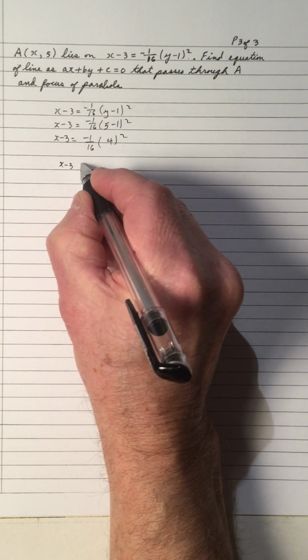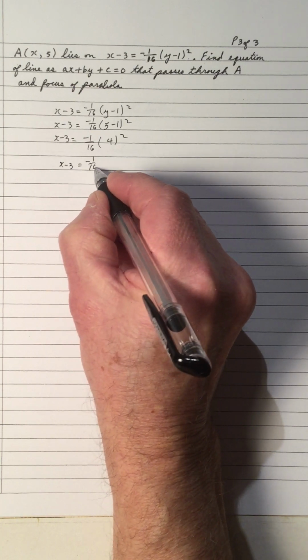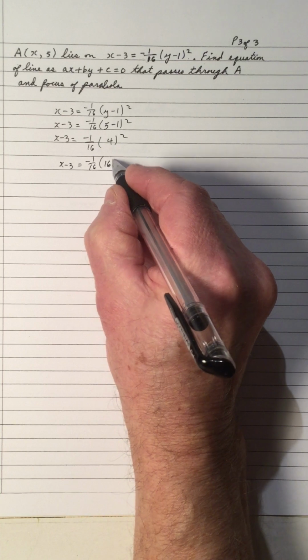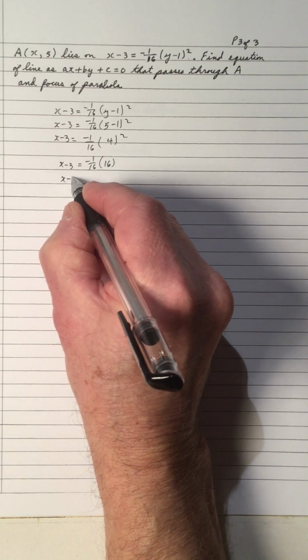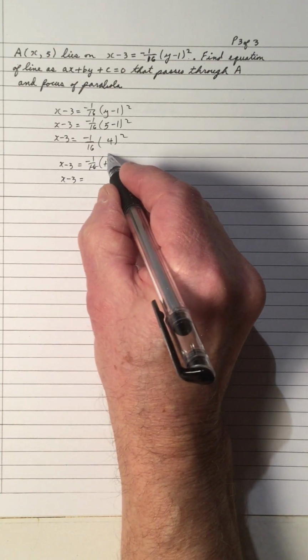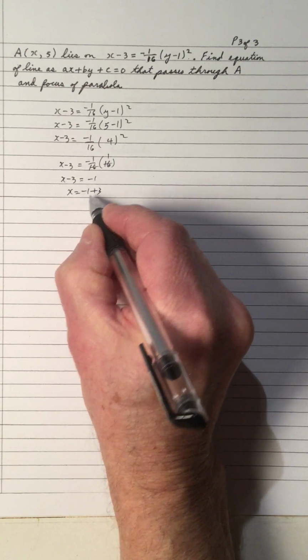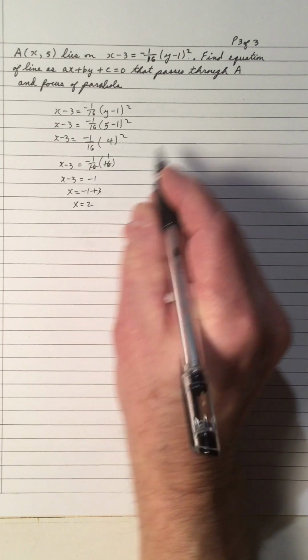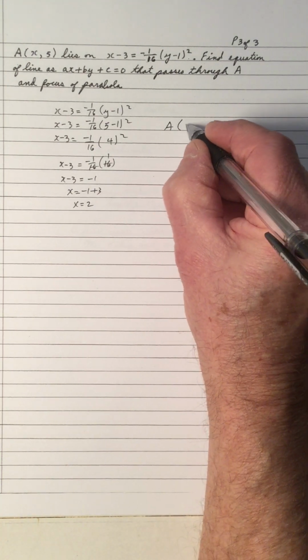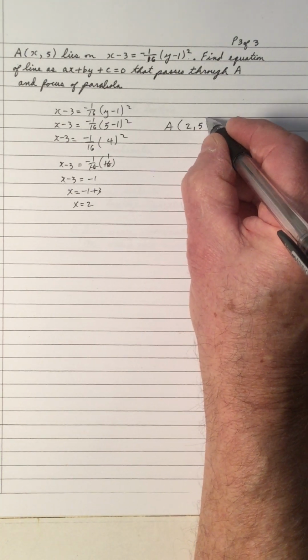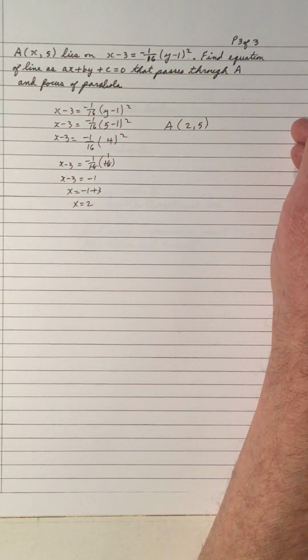So x minus 3 is -1/16, 4 squared is 16. So x minus 3 equals, they canceled, they give me -1. So x is equal to -1 plus 3. So x is equal to 2. So that means A is 2, comma 5. So we found the value of x in point A.